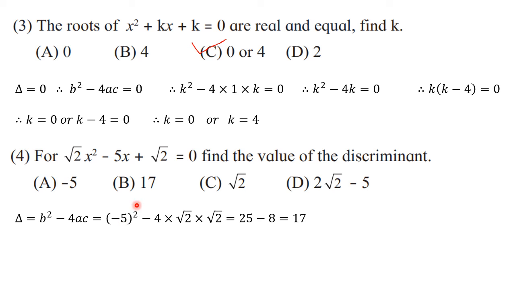So minus 5 square minus 4 into root 2 into root 2, because a is also root 2 and c is also root 2. So root 2 into root 2 is 2 and 2 into 4 is 8. And here minus 5 square is plus 25. So 25 minus 8, the correct answer is 17. And therefore the correct option is option B.